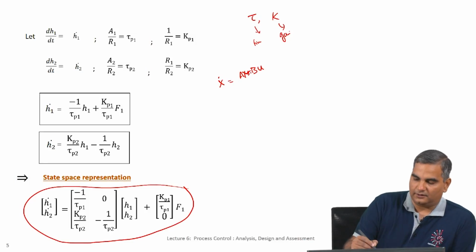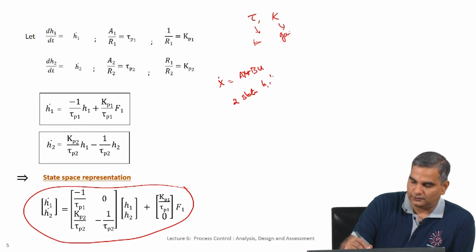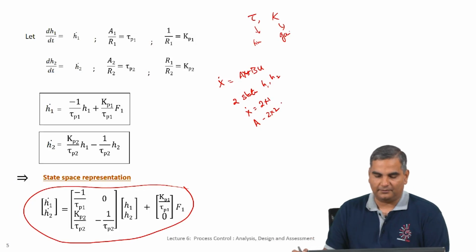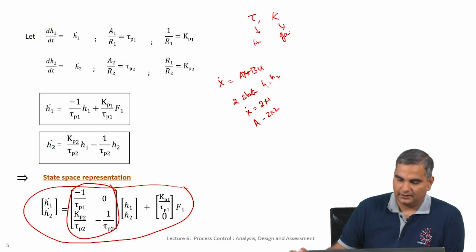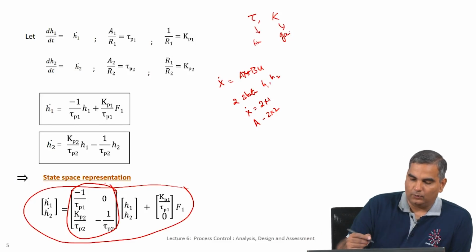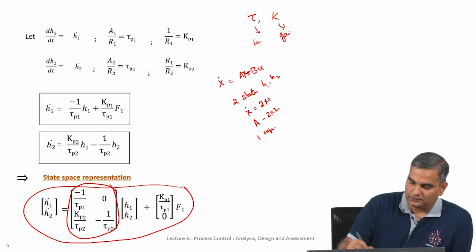If you notice, there are two states, h1 and h2. So, x dot is going to be a 2 by 1 vector, and that means A has to be a 2 by 2 matrix, as we described last time, and you can see that this A is a 2 by 2 matrix. There is only one input u, which is f1 or fi.